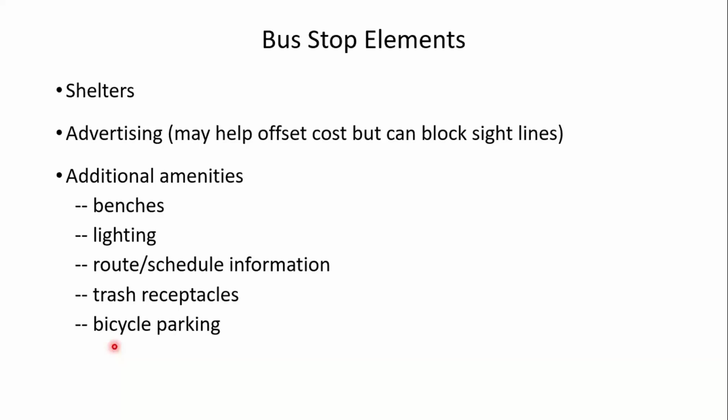Sometimes agencies may have advertising wrapped around the windows of the shelter, maybe to help offset costs, but also need to keep in mind that those can block vehicular and pedestrian sight lines. Other amenities may include benches, again, not required, but a nice amenity, lighting, routing and scheduling information, trash receptacles, bicycle parking.